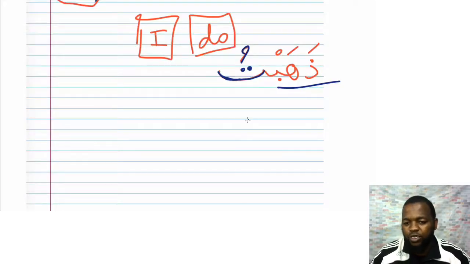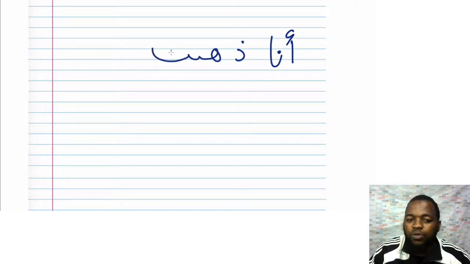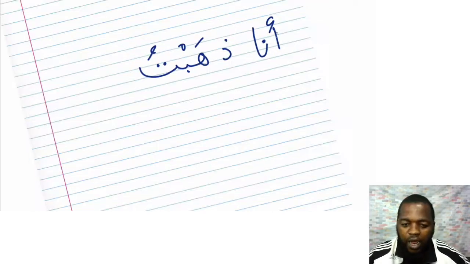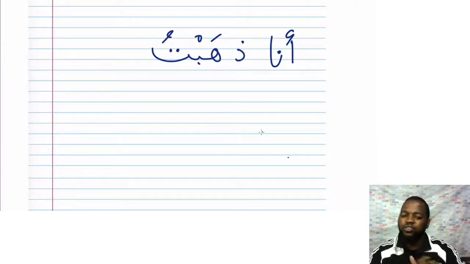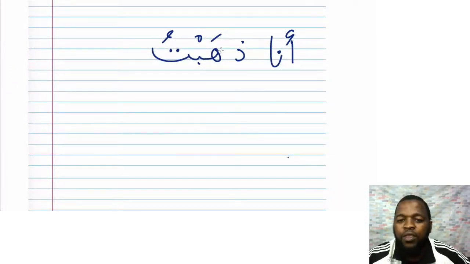Actually, let me explain something. Let me write here for you to understand better. Let me write ana dhahabtu. All right, I wrote here ana dhahabtu. Let's talk about this. So what do we have here?